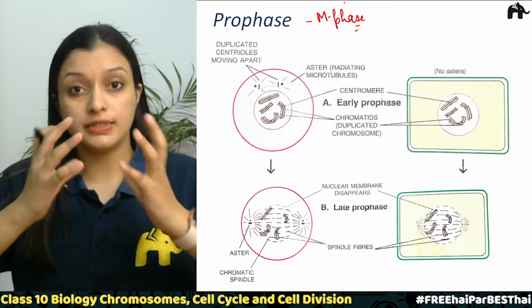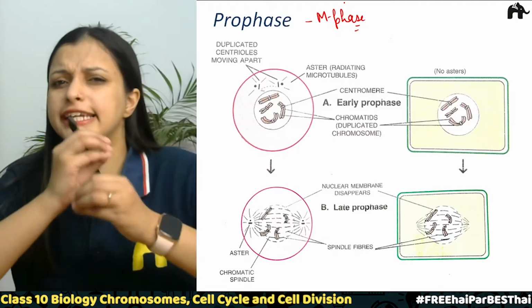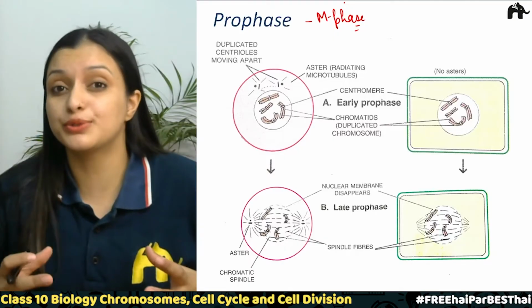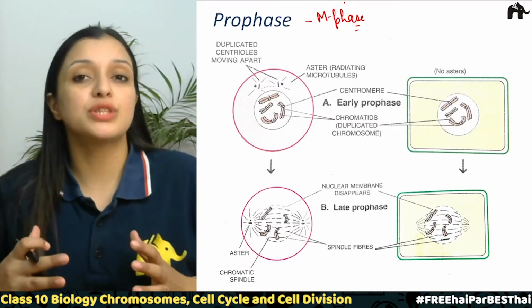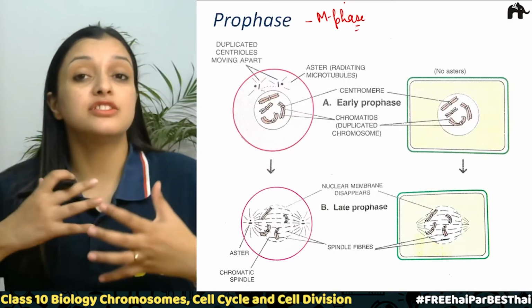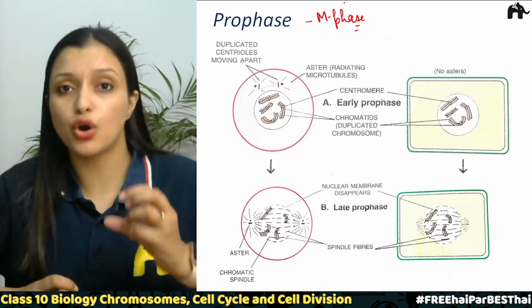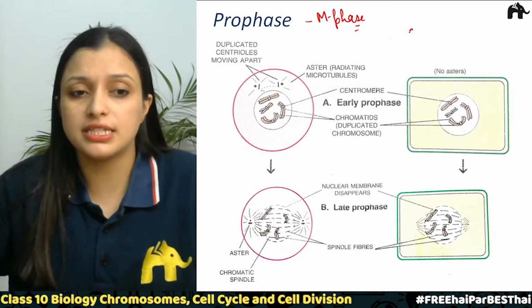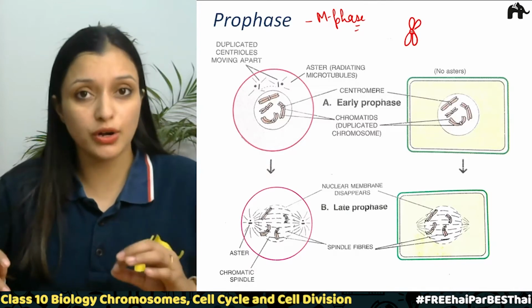There are these chromatin fibers which are coiled with each other, entangled, and difficult to separate out, right? But as soon as the cell enters the M phase, there are changes in these chromatin fibers. They become thick and short. They appear something like this.